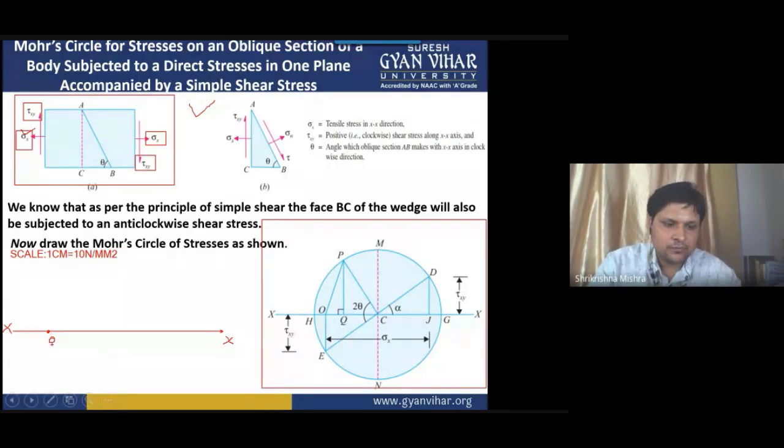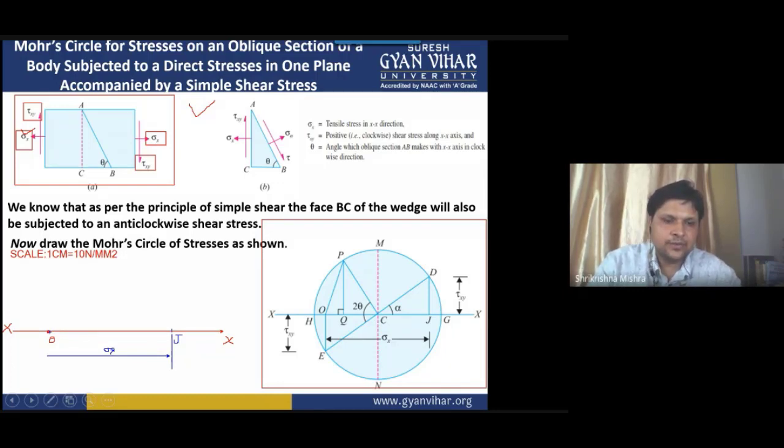So from O, students, you will take a length equal to the normal stress sigma x, and the point which you mark on this x axis will be named J. Now, since there is no stress acting along the y direction, there is no sigma y in it.